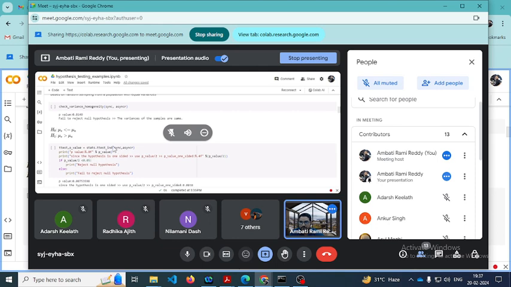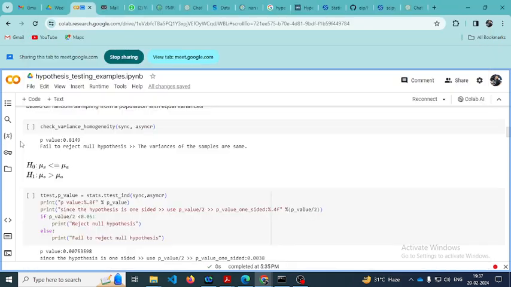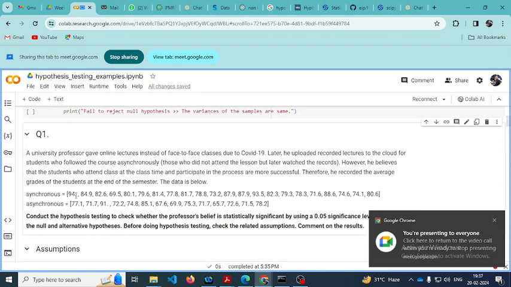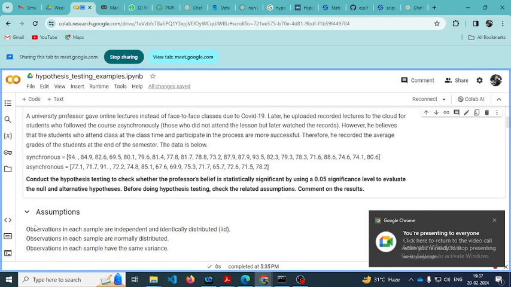Here, basically, you are going to assume whatever the assumptions are in the problem statement. You are going to assume some statements based on your data. In this professor example, they have given two types of data, and based on this you are going to assume. You need to check these observations.